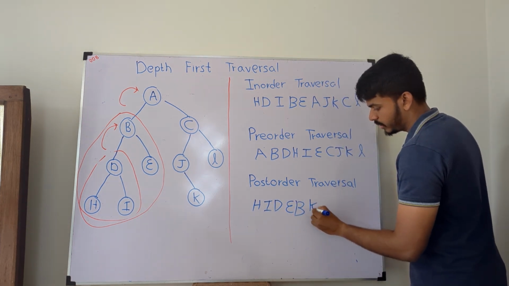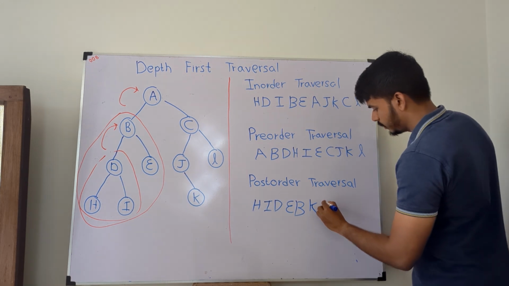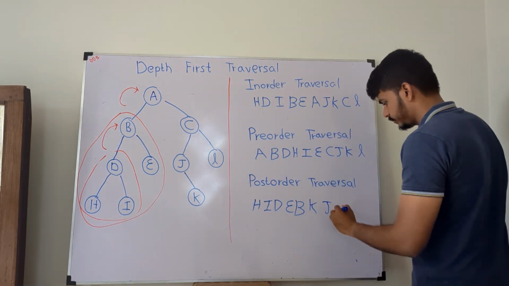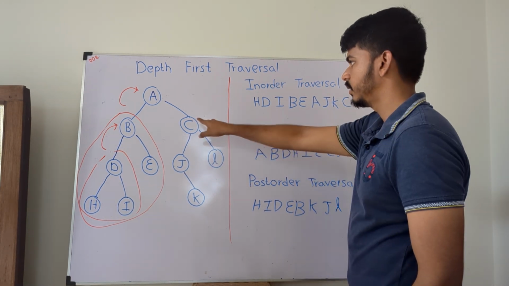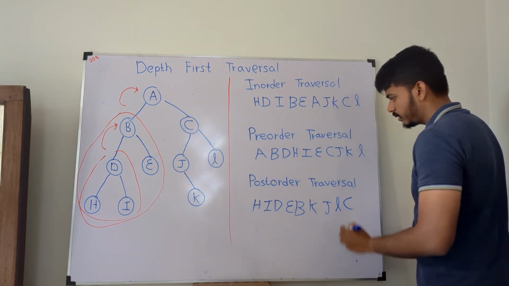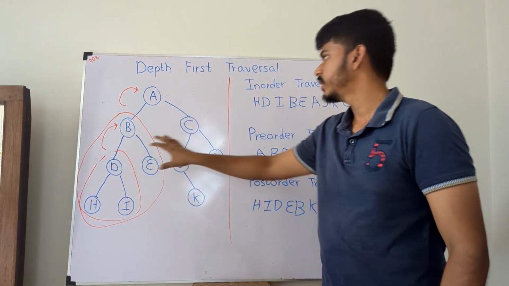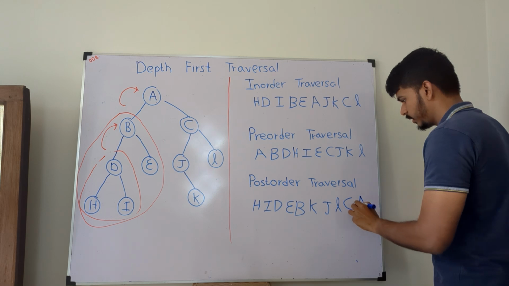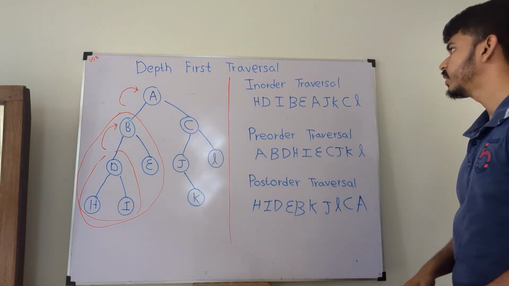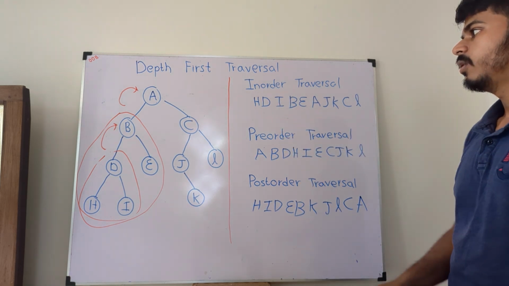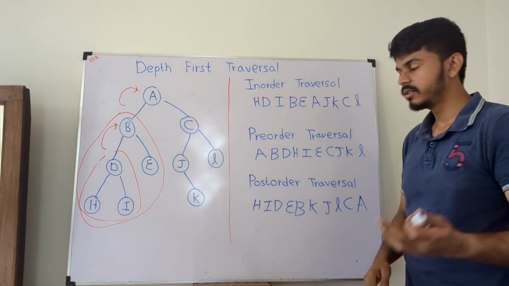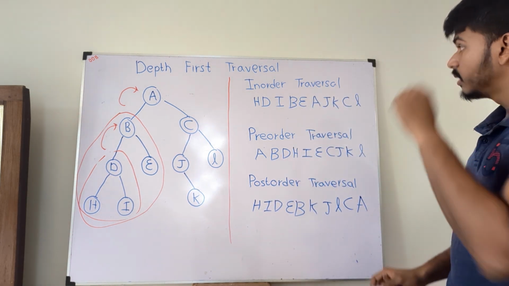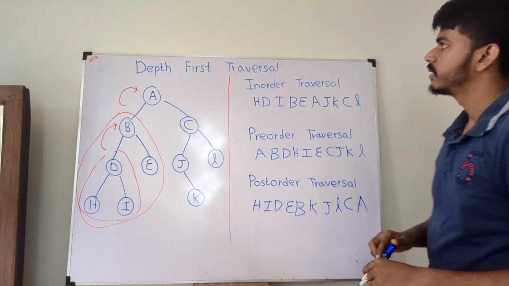It is going to be K, then the node J, then after that the right child of C which is L, then finally the node C. Then after completing the left subtree and the right subtree, we write the root node which is A. Here you can see all the nodes in this tree are traversed, just the order has been changed. So that is depth first traversal.